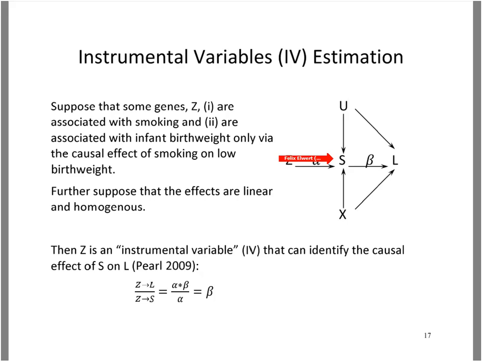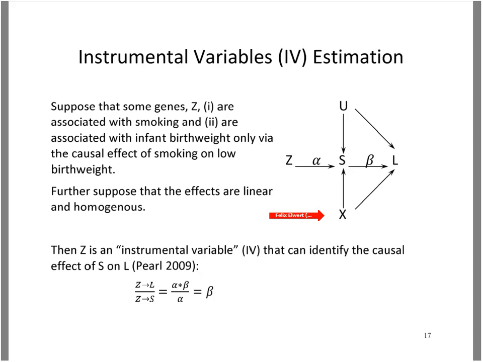So as long as you don't condition for S, these 2 paths via U and X will remain closed. So there you go. Under this assumption, genes Z meet the 2 instrumental variable assumptions.